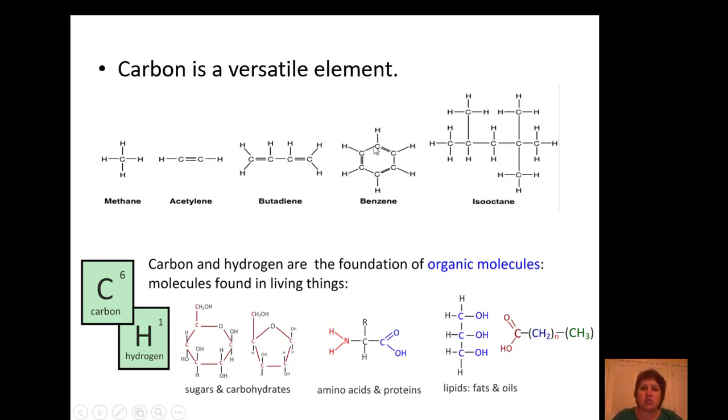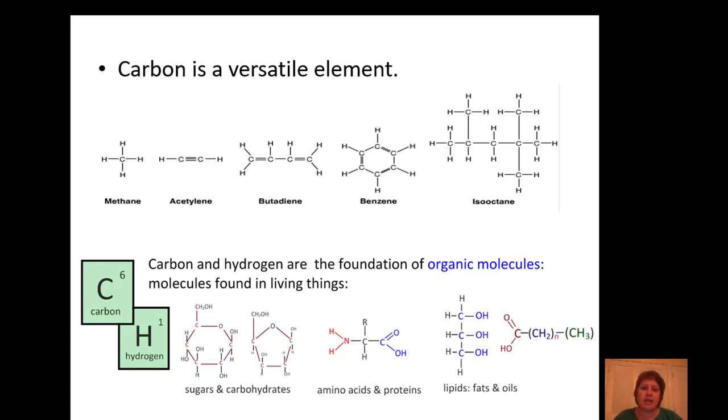You can have a ring structure or even a branched structure as well. So this really makes carbon very, very versatile. But also, because it typically does form covalent bonds, it shares its electrons. Carbon molecules are very stable because covalent bonds are the strongest bonds.